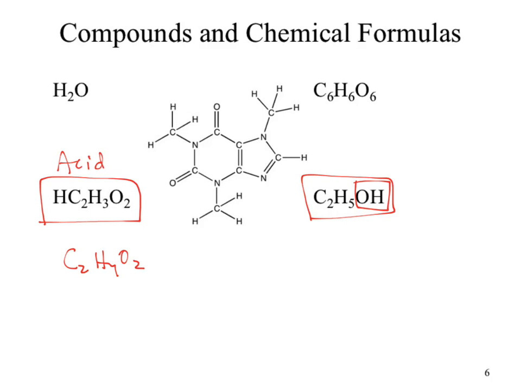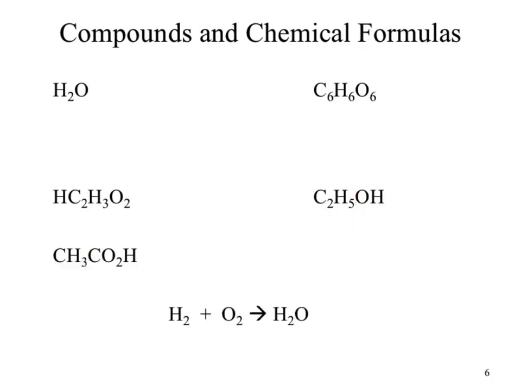We could also go through and look at a chemical equation: H2 plus O2, reaction arrow, H2O. We're looking at how those things get combined and put together. This is a recipe. I take hydrogen, I take oxygen, and it makes H2O. I can do the same thing for making sandwiches.